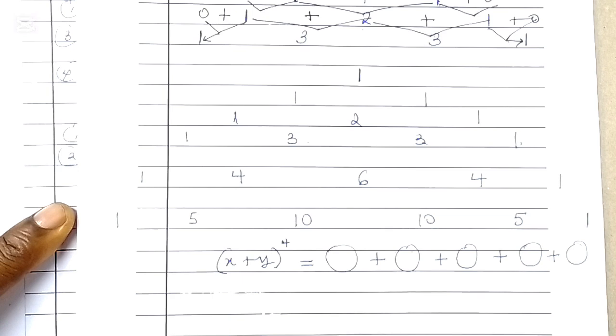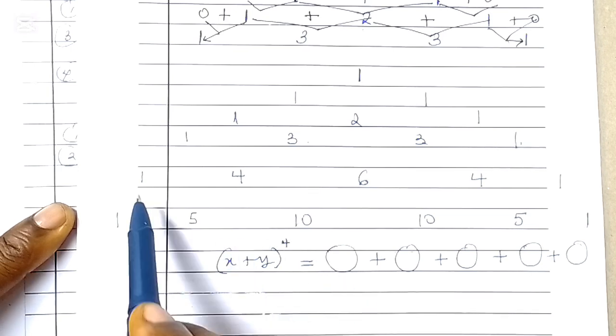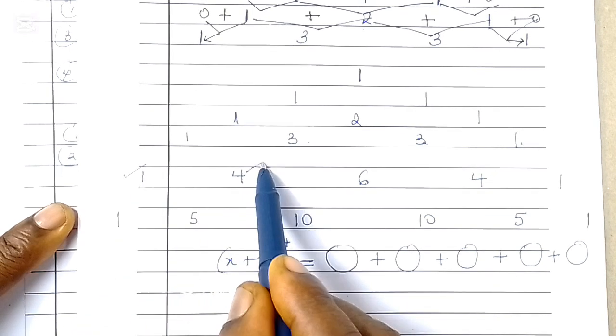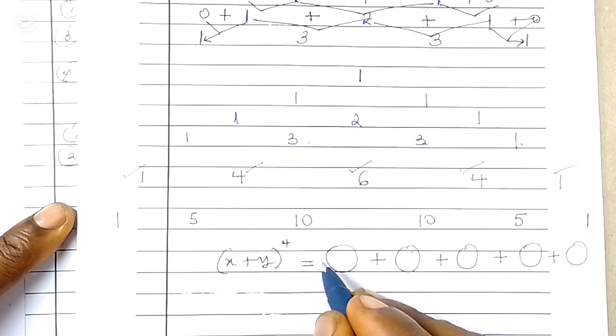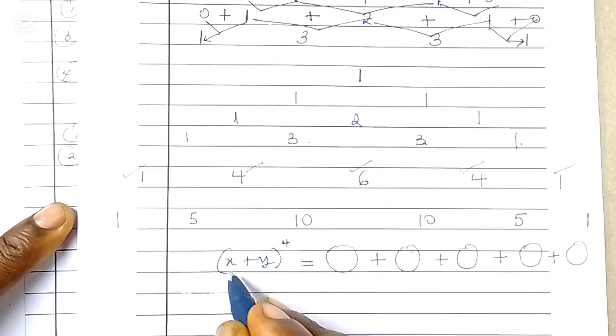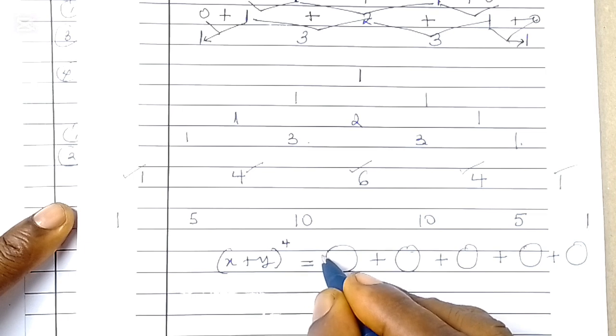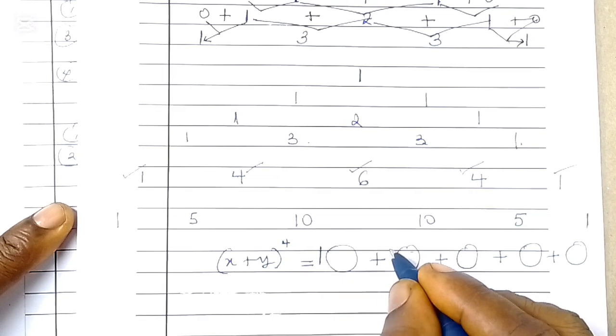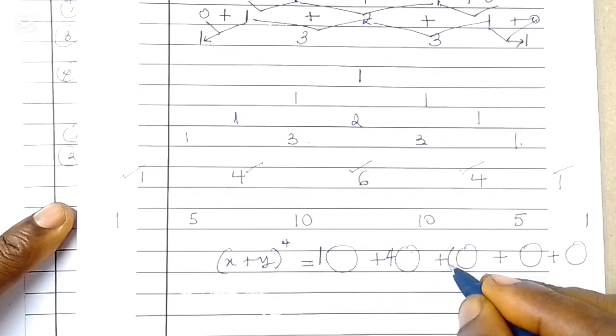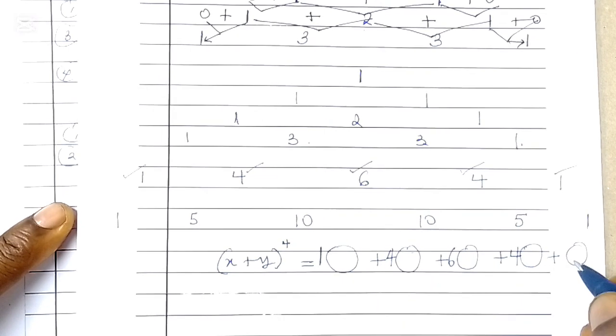For an expansion that has a power 4, the coefficients will be 1, 4, 6, 4, and 1. Whatsoever the result that emerges from this will be, all I know is that the coefficients are already determined by Pascal's triangle. So I'm going to put 1 here, 4 here, 6 here, 4 here, and 1 here.